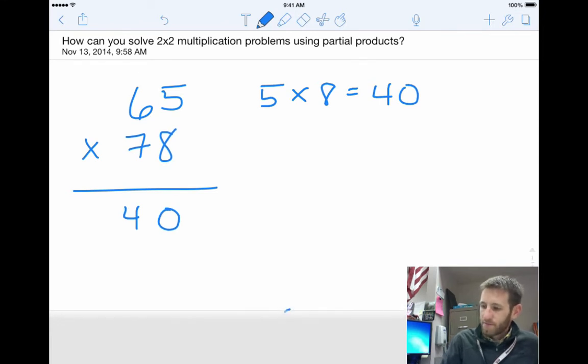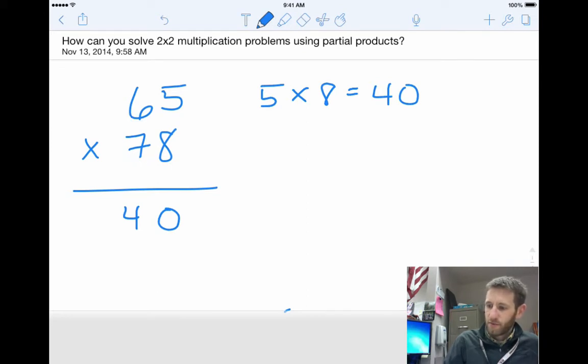Now I'm going to start my next step, or step 2, which will actually be to multiply the tens place times the tens place. So that means the 6 and the 7 right here. But as we've talked about in all the other videos, and if you can remember back from our place value unit, this 6 and this 7 are worth 60 and 70.